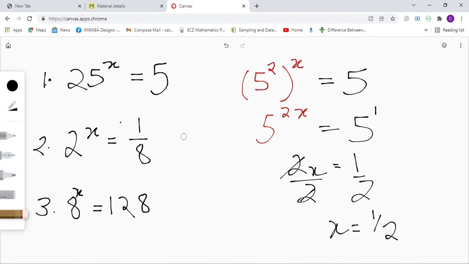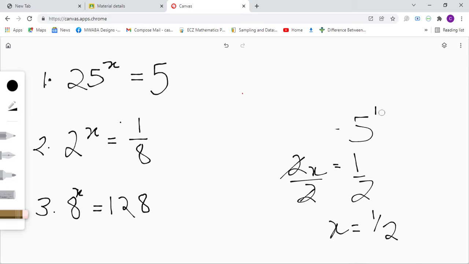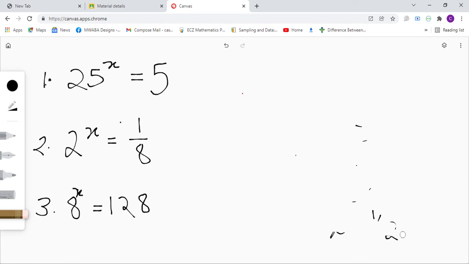So I'll just erase here. Okay, so go to example 2.